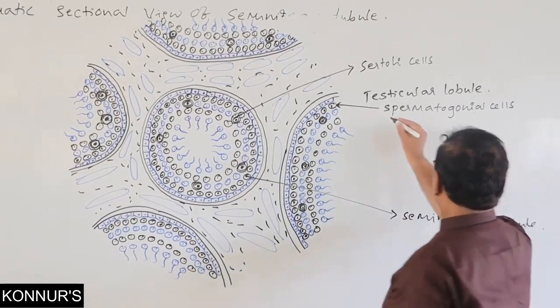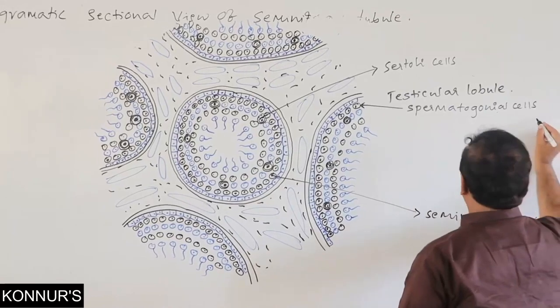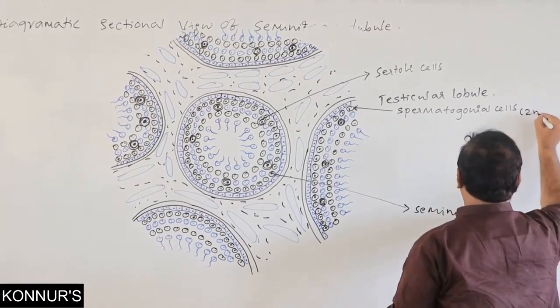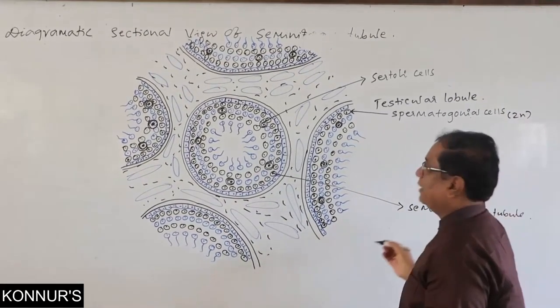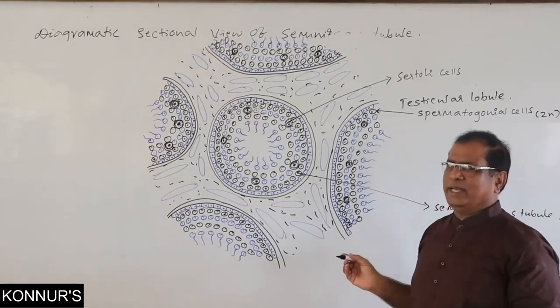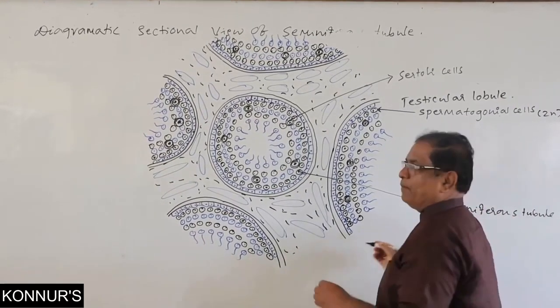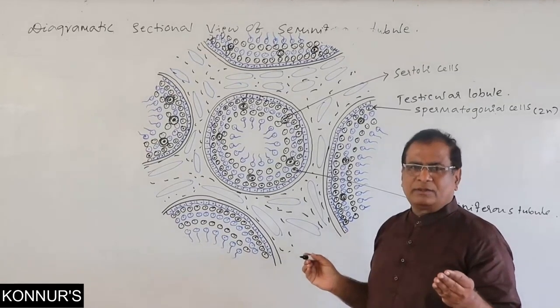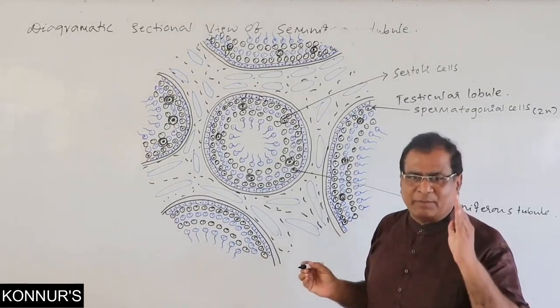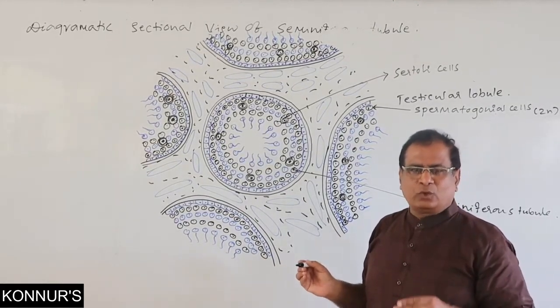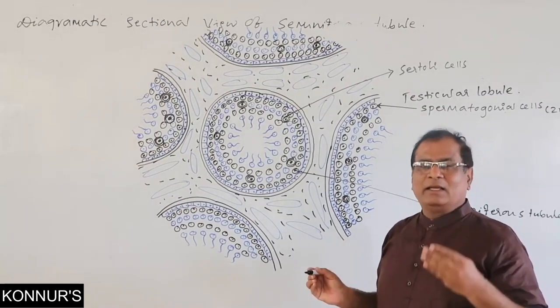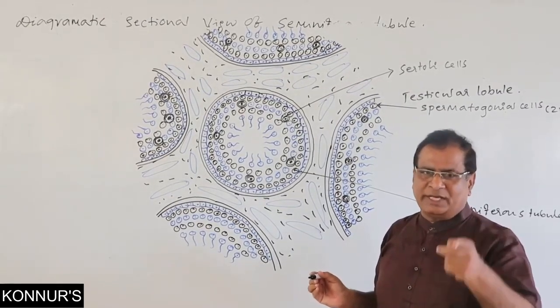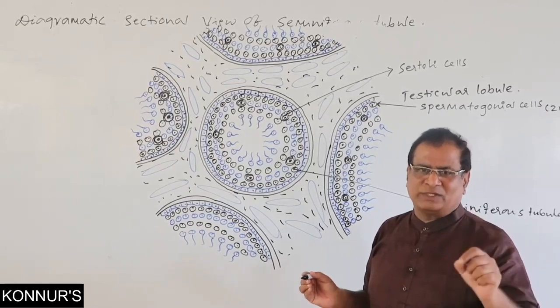And these spermatogonial cells are diploid in nature, and by multiplication, by the process named mitosis, those spermatogonial cells get increased. That we have studied in the process of spermatogenesis.